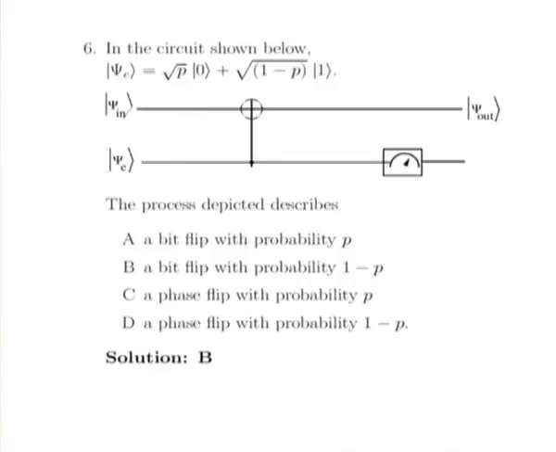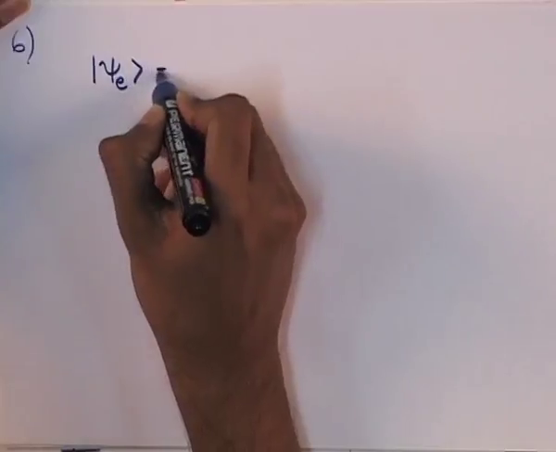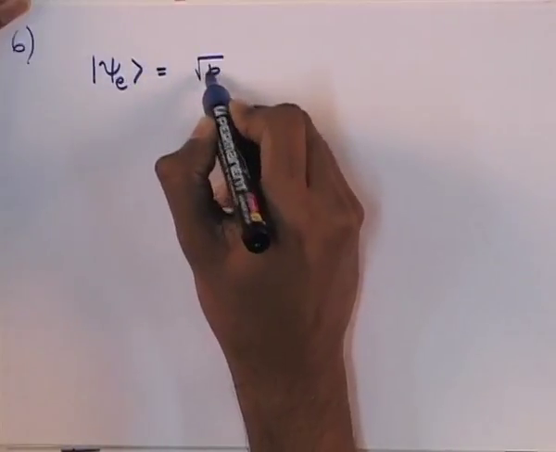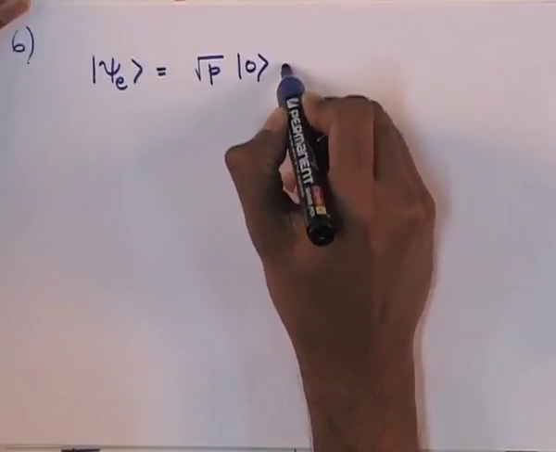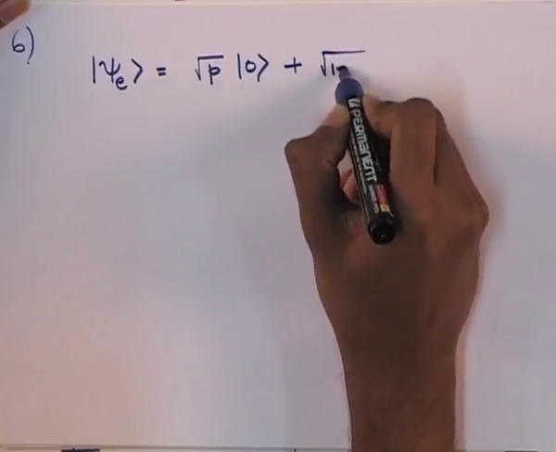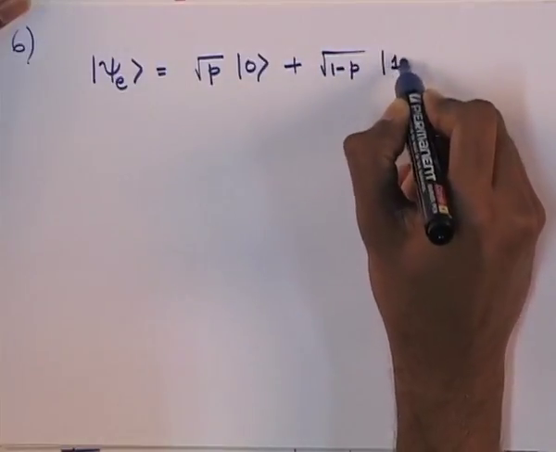So psi e is given as square root of p times qubit 0 plus square root of 1 minus p times qubit 1.